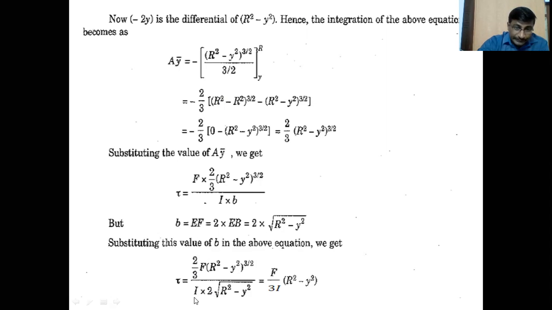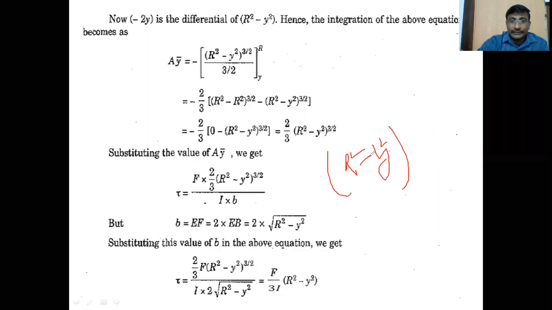Simplifying this equation, the 2s cancel. So F by 3I, r square minus y square whole power 3 by 2 by r square minus y square whole power 1 by 2. So it becomes r square minus y square. Students, in the numerator, r square minus y square whole power 3 by 2 is there.